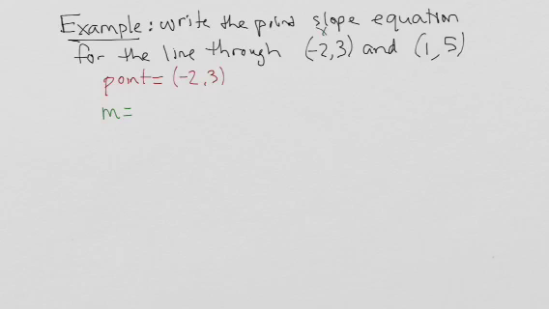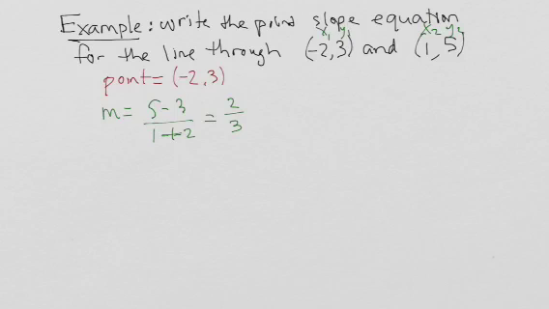Again, if I consider this to be my x1, y1, and this to be my x2, y2, I could use that slope formula and do y2 minus y1 in the numerator, and x2 minus x1 in the denominator, and that will give me 2. That's going to act like a plus, and 3, 2/3. There's my slope.